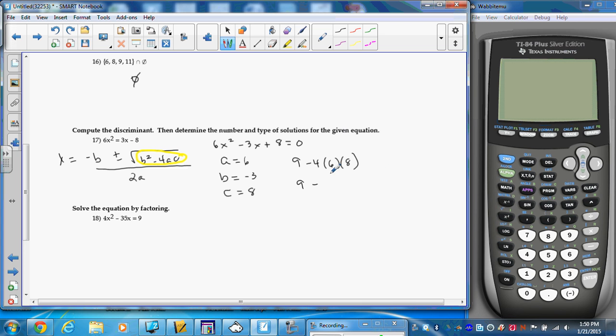So 9 minus 192 equals negative 183. So the discriminant is negative 183. And remember, when the discriminant is negative, we will have two imaginary solutions.